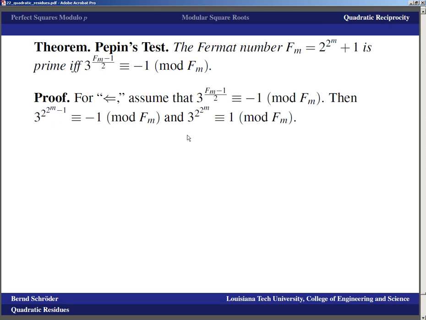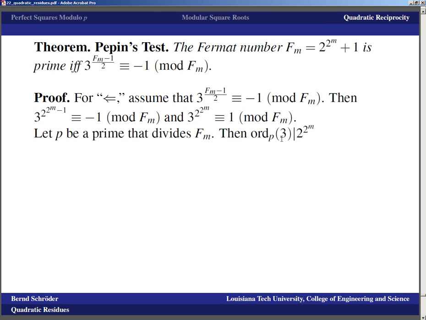Well, we also then know, because if we just square that, we end up with 3 to the 2 to the 2 to the m. That thing is equivalent to 1 modulo F_m, because negative 1 squared, which is a whole lot easier to say and to compute, is equal to 1. And now let's just have p be a prime that divides F_m. So let's just assume basically that F_m has a prime factor.